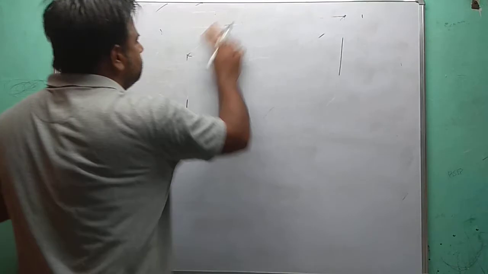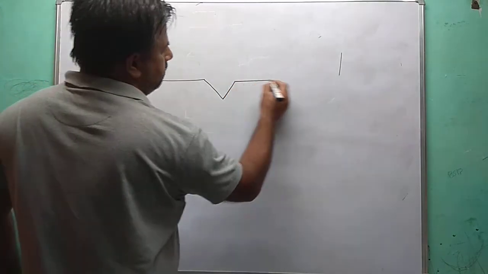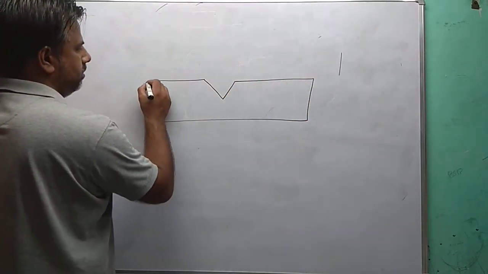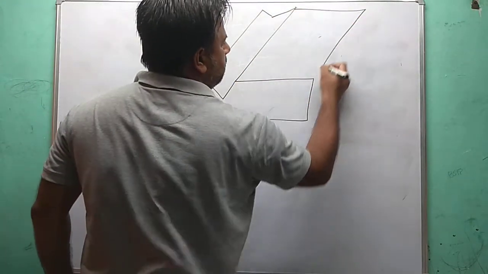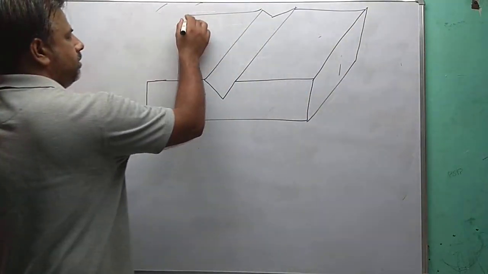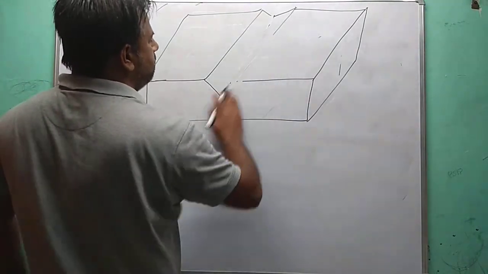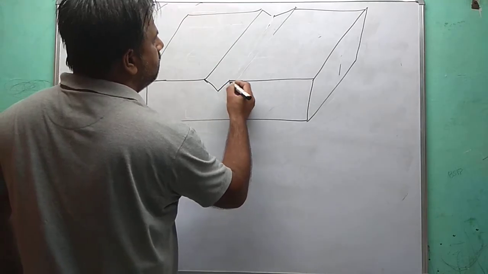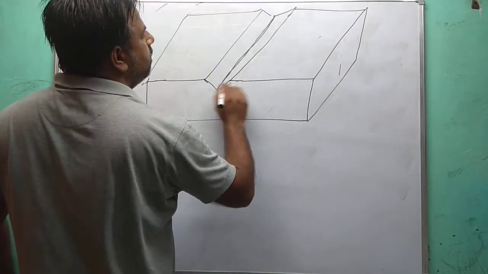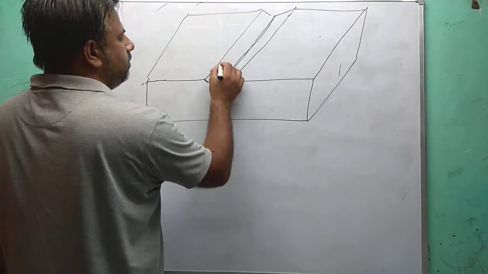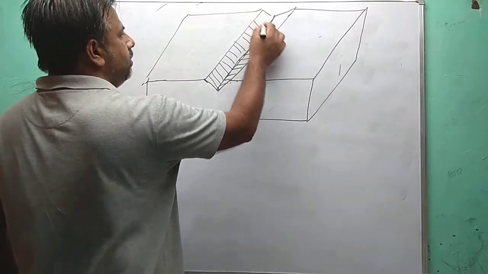In case of the milling operations, you may take another example like this. The lines are like this.